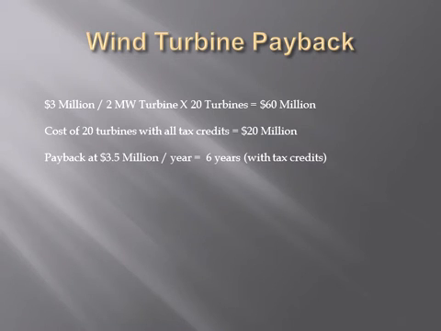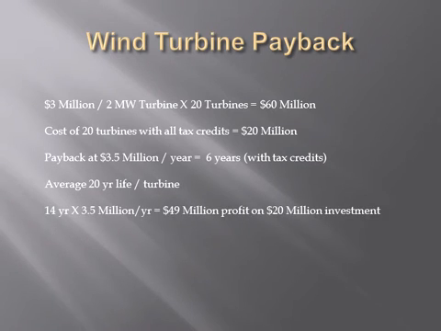Payback is at $3.5 million a year, or in 6 years, we will have paid off the $20 million. With an average 20-year life of the turbine, 14 years times $3.5 million is going to be $49 million profit on a $20 million investment, which yields a 245% return on investment.